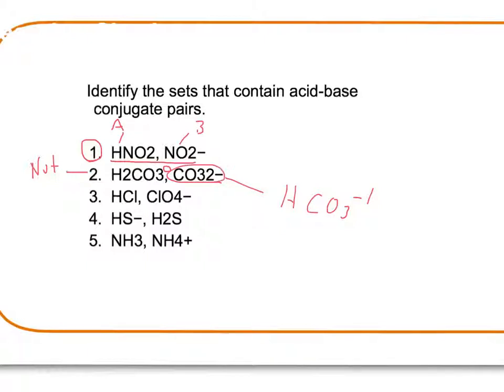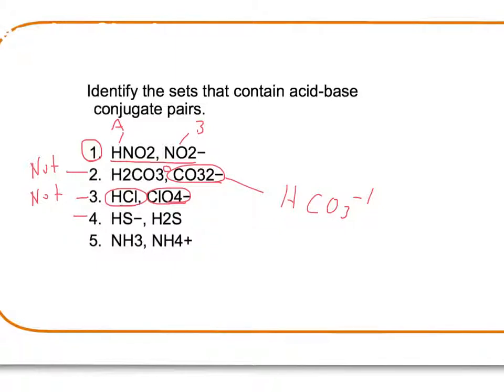Therefore, this is not a correct conjugate base. On number 3, this is not an acid-base conjugate pair. The only difference should be the absence of one hydrogen on the base. Notice that we have a CO4 here, and CO4 was not on the first.